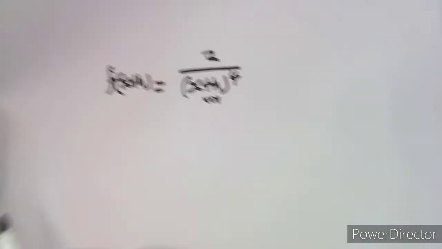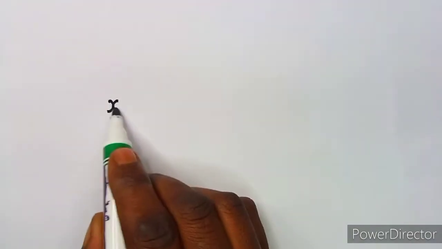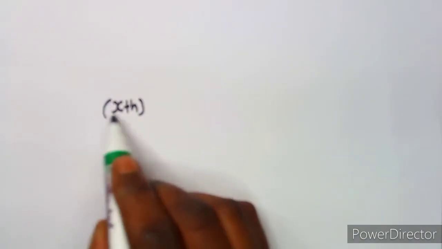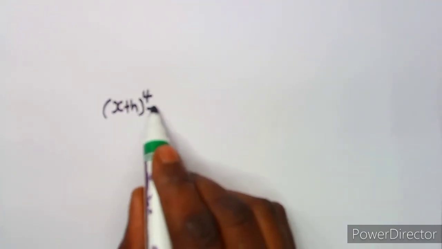We can just expand this separately here: x plus h to the exponent of 4. We just want to see what is the equivalent of that, because we're going to use it anyway. All right.